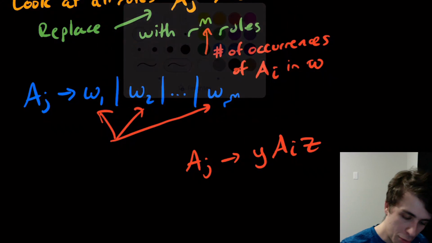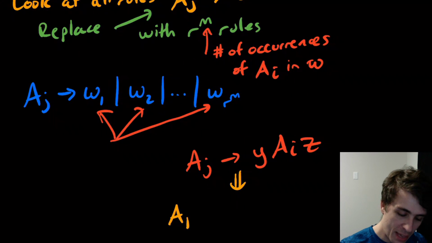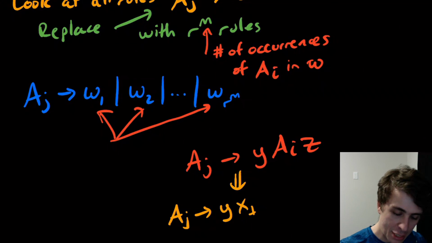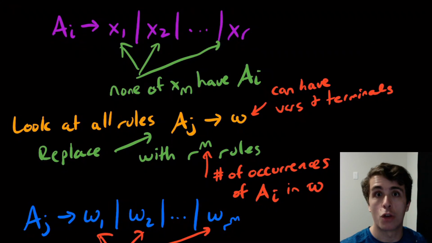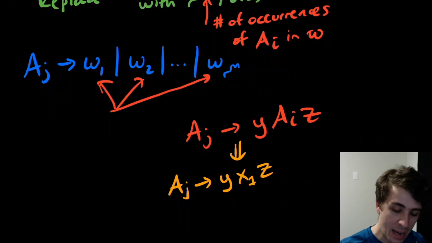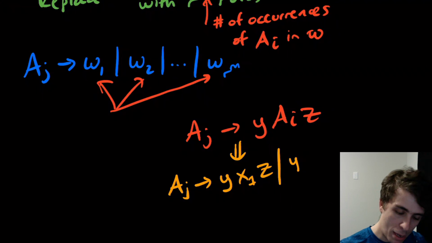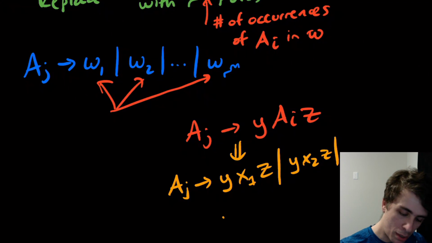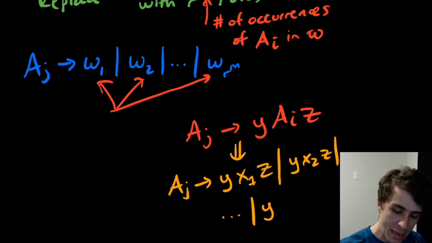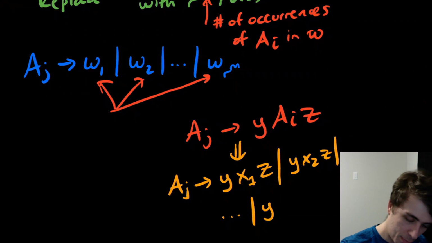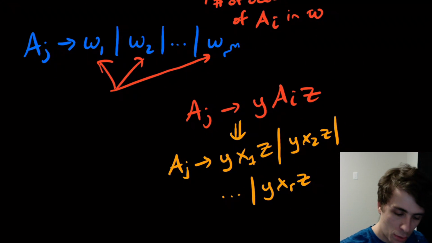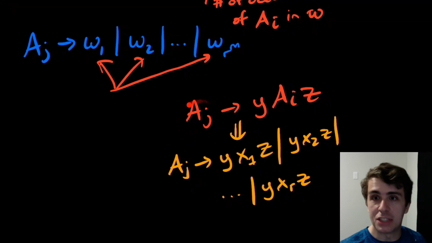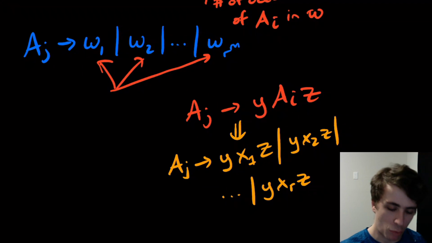Then we're going to replace this with aj going to y x1 z, because remember, x1 through xr are the right-hand sides of AI, or y x2 z, or y xr z.